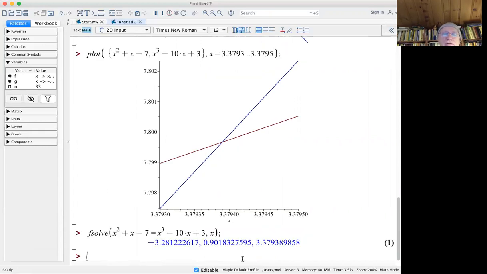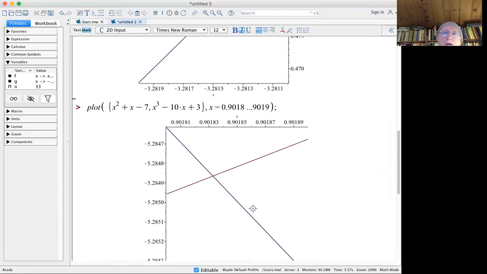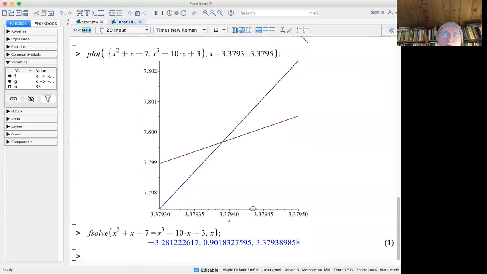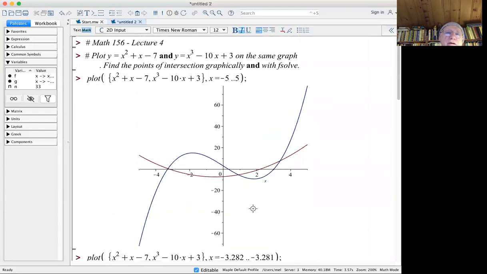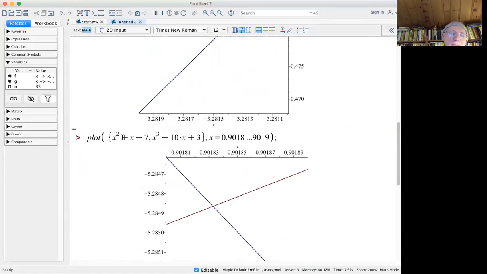Solve that equation for x, and we get three numbers. Yep, exactly the three that we found. So that's a nice way to solve this problem. Okay.